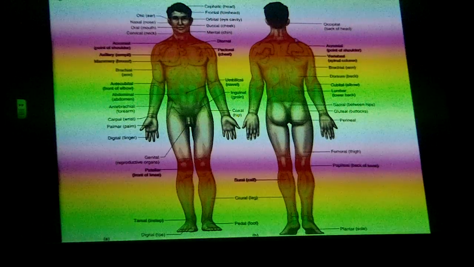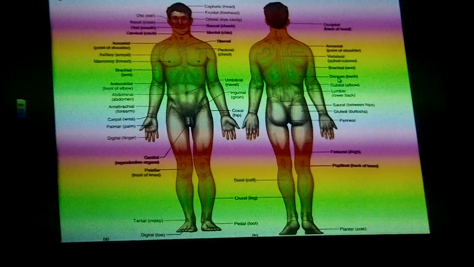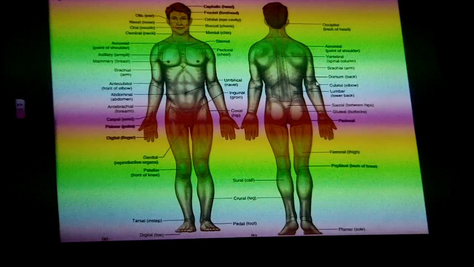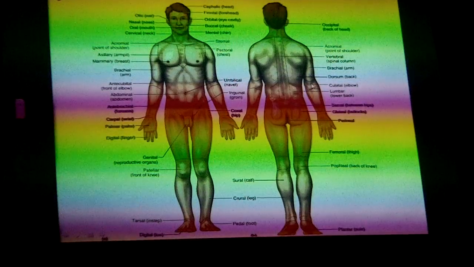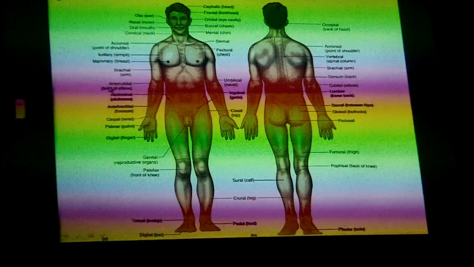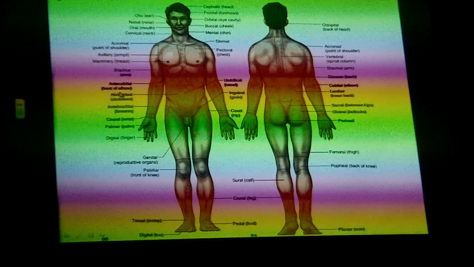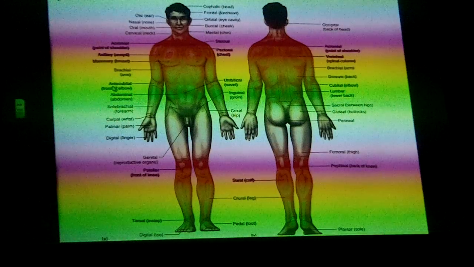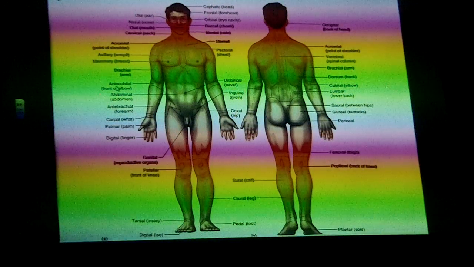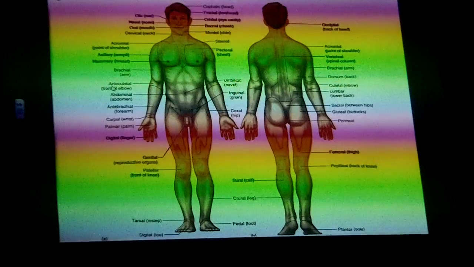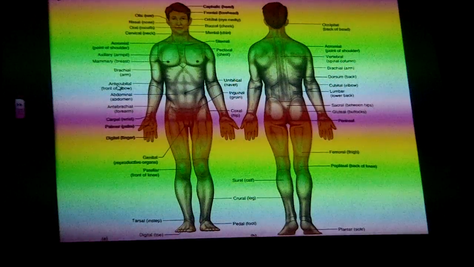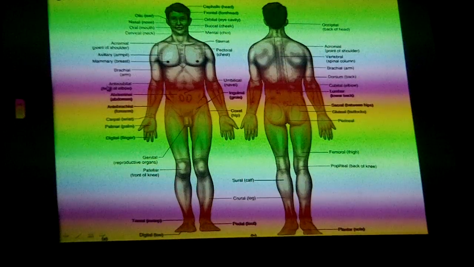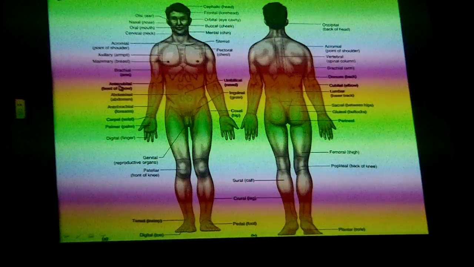All of this area of the back is the dorsum. Cubital is the elbow, and you see over here, antecubital is the front of the elbow. So guess what anti means? Front. Antecubital. See, cubital is elbow, and antecubital is front of elbow. So anti means front.